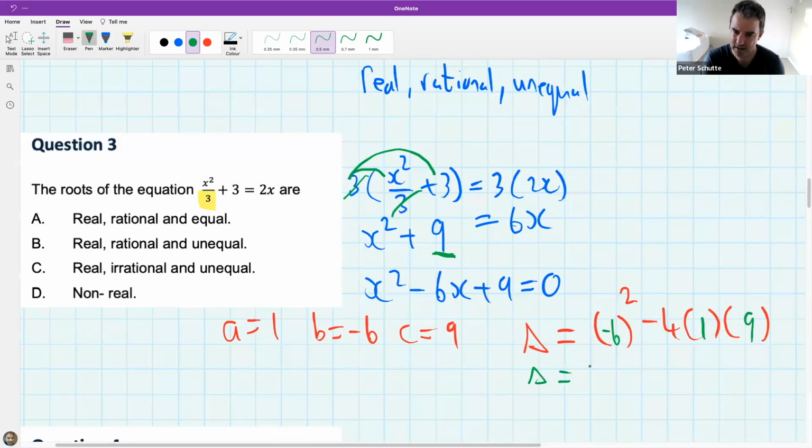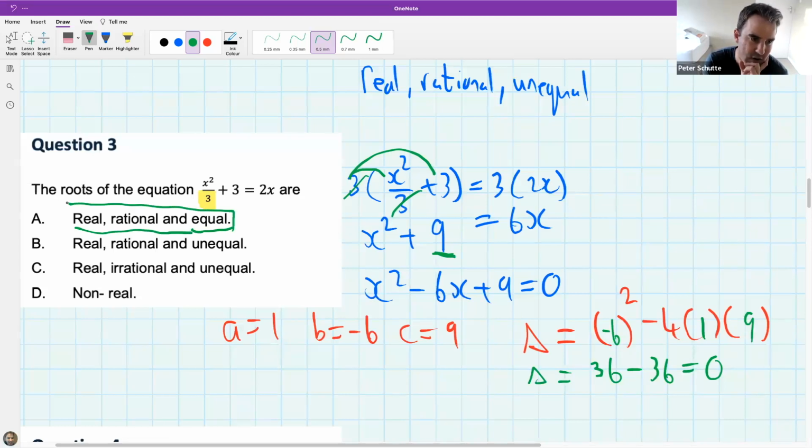Now with delta, we've got 36 minus 36, which means we have 0. And if delta is 0, we're going to have equal roots, rational and real. So the correct answer is going to be A. A-OK.